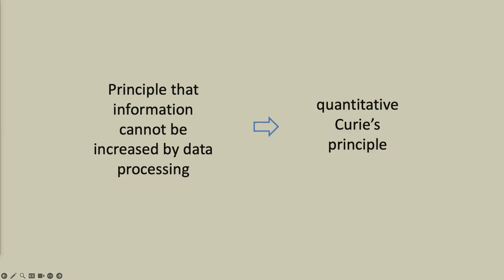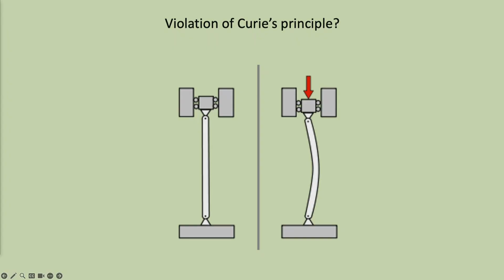Okay, so let's get back to this puzzle here. We had this column that buckled, and we could ask what our resource theory of asymmetry says about this. I could take a measure of asymmetry and ask how much the initial column had. And now we know a measure of asymmetry is just how well it is encoding information about the group.